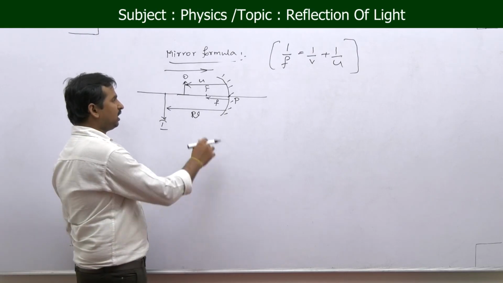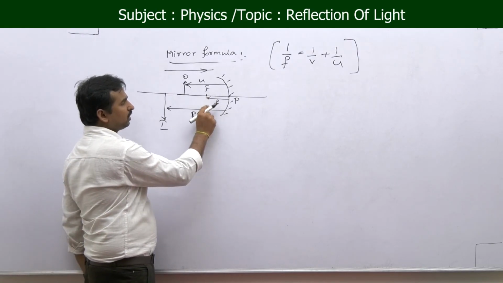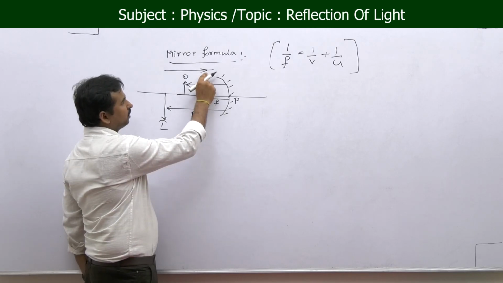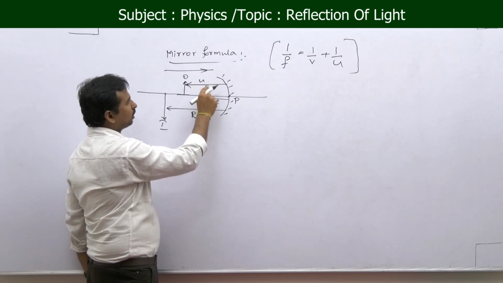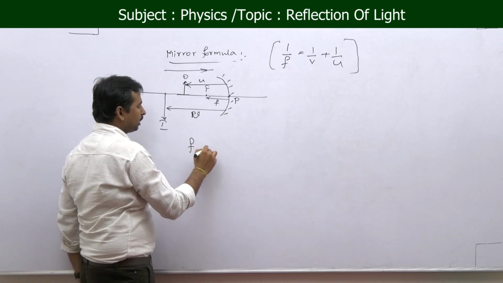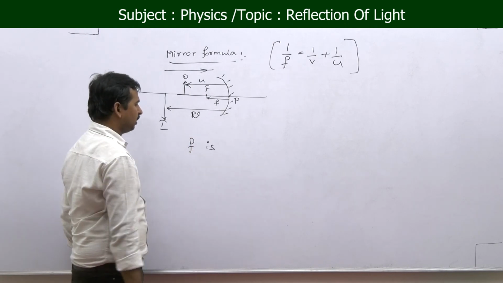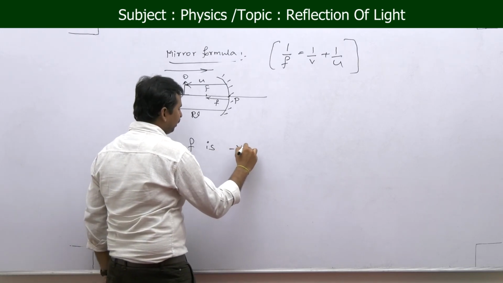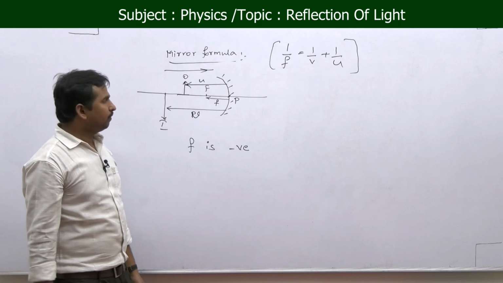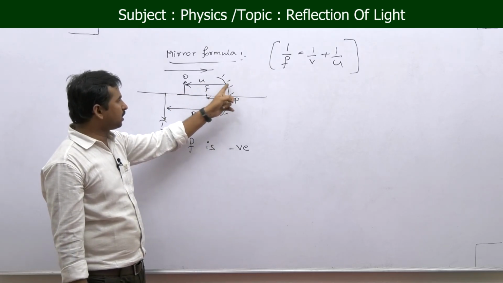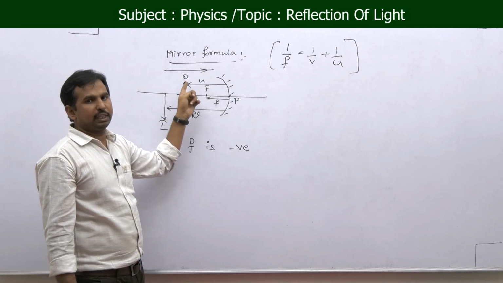If you observe clearly, the focal length you are taking, starting from the pole to the focus for a concave mirror, is opposite to the incident ray. So for the concave mirror, the focal length is negative. Whereas the object distance, measured from the mirror to the object, is also measured opposite to our incident ray.